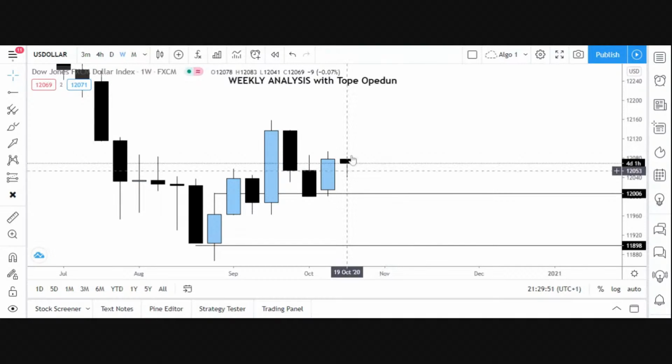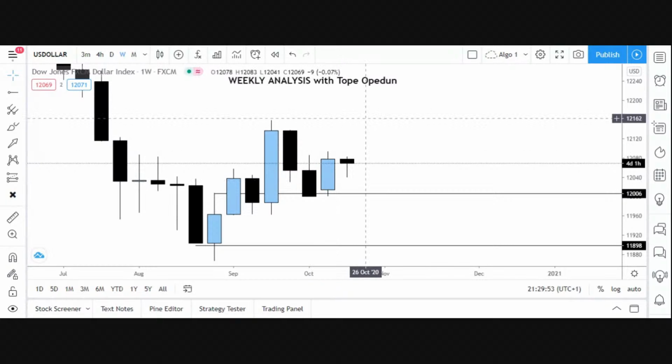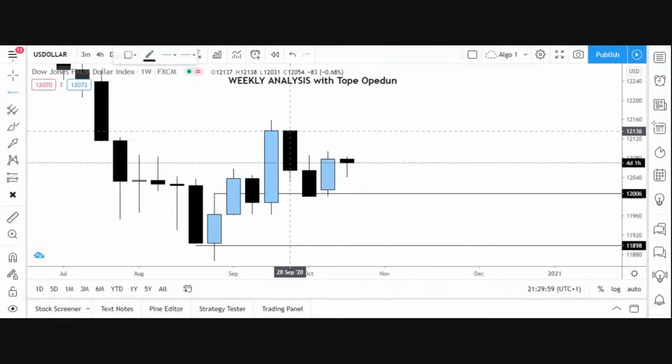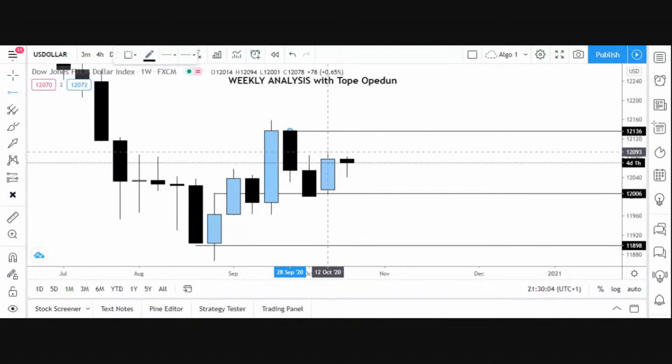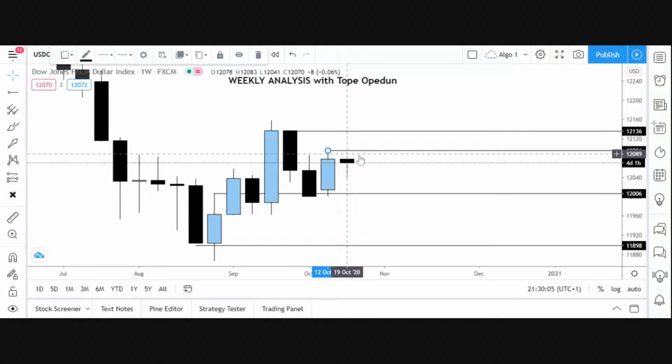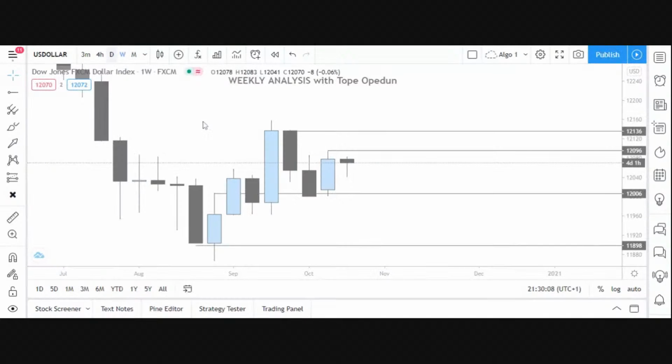But for the moment, if they want to continue this move up, they have to come to this high, the clean high, as well as last week's high. So we look at last week's high. Let's go on the daily to see if we can find anything.